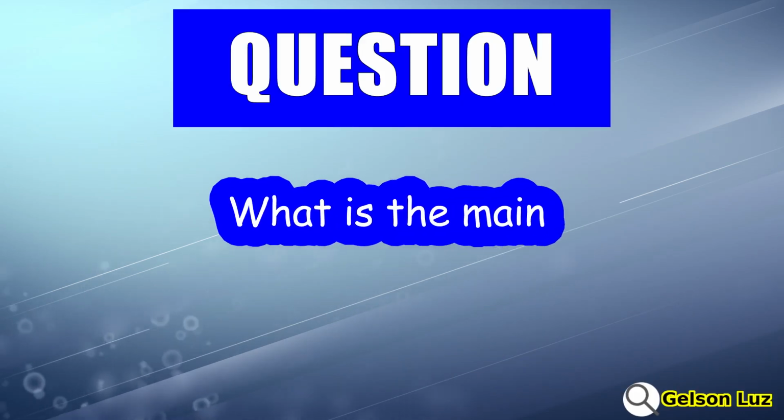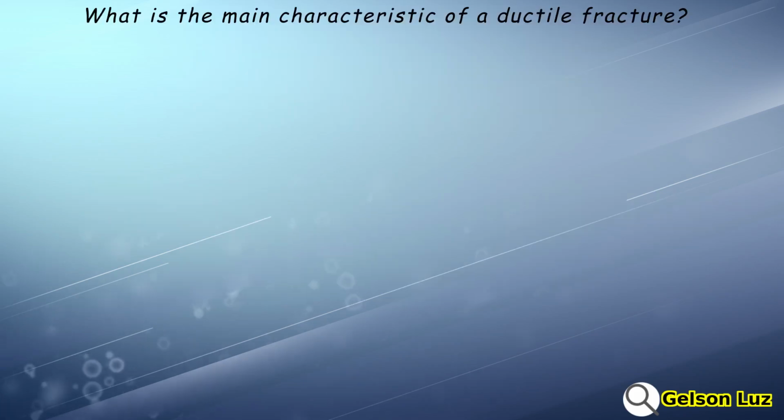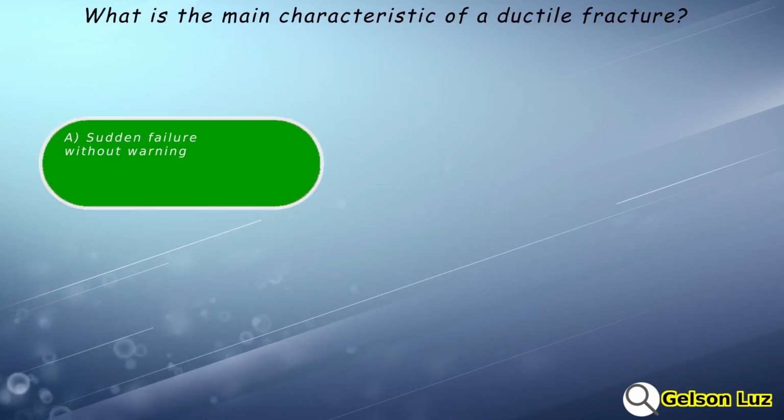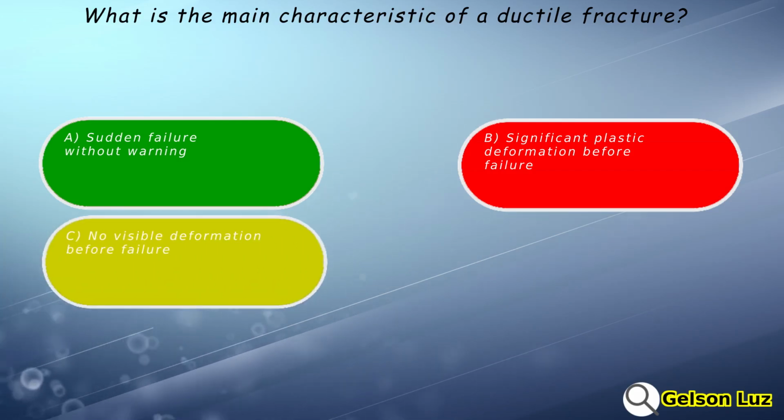What is the main characteristic of a ductile fracture? A. Sudden failure without warning. B. Significant plastic deformation before failure. C. No visible deformation before failure.